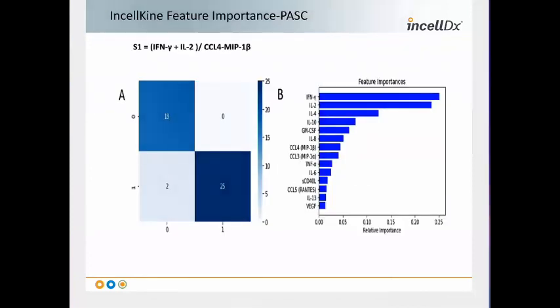When we applied machine learning to the cytokine panel that we developed, the InCellDX panel in 14-plex, we found some very important patterns. Number one, we found a signature for long haulers, or PASC, that was based on feature importances identified during machine learning.